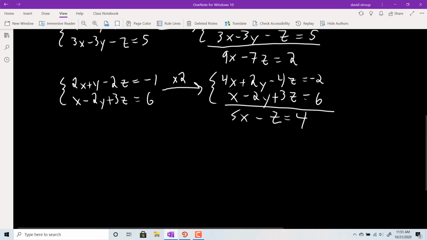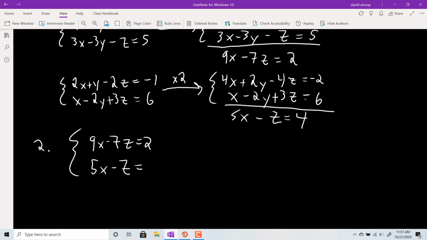Now I have my new system of equations: 9x minus 7z equals 2, and 5x minus z equals 4. I can solve this using the methods from the last section.